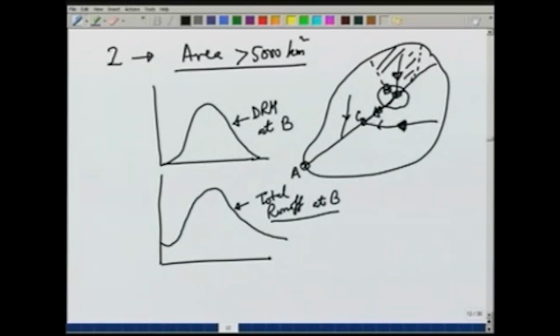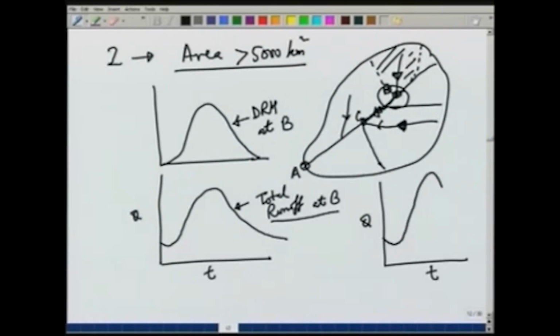Similarly, we can apply the unit hydrograph theory for the catchment area at point C and obtain total runoff at C, which of course will be quite different from that at point B, because the catchment area may be larger, it may have different slope, different properties.